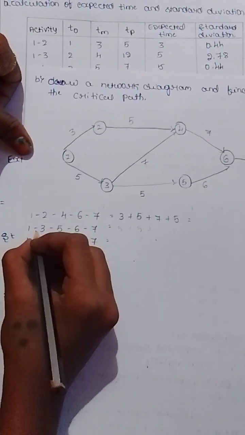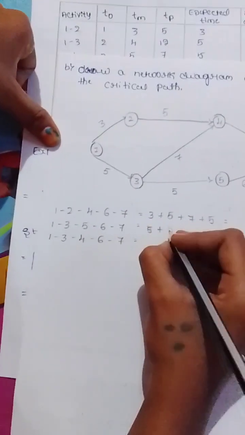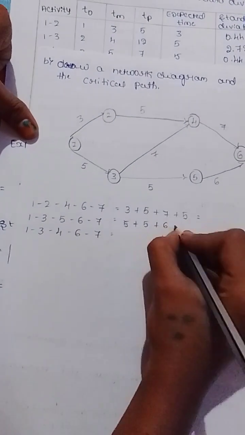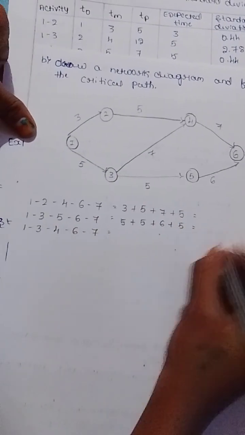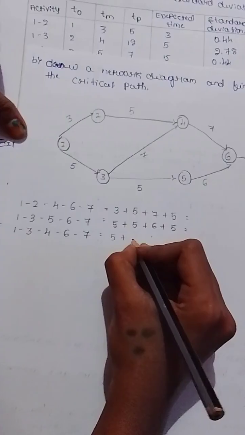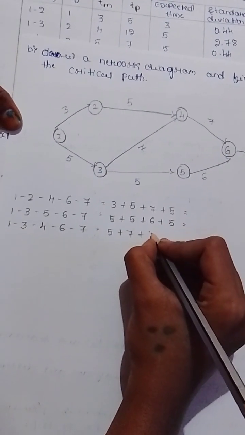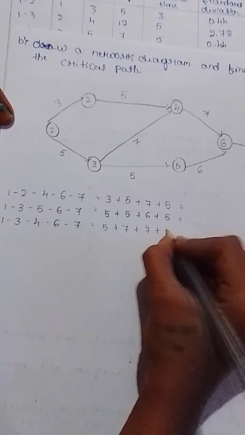For the second route, 1 to 3 is 5, plus 3 to 5 is 5, plus 5 to 6 is 6, plus 6 to 7 is 5. For the third route, 1 to 3 is 5, plus 3 to 4 is 7, plus 4 to 6 is 7, plus 6 to 7 is 5.